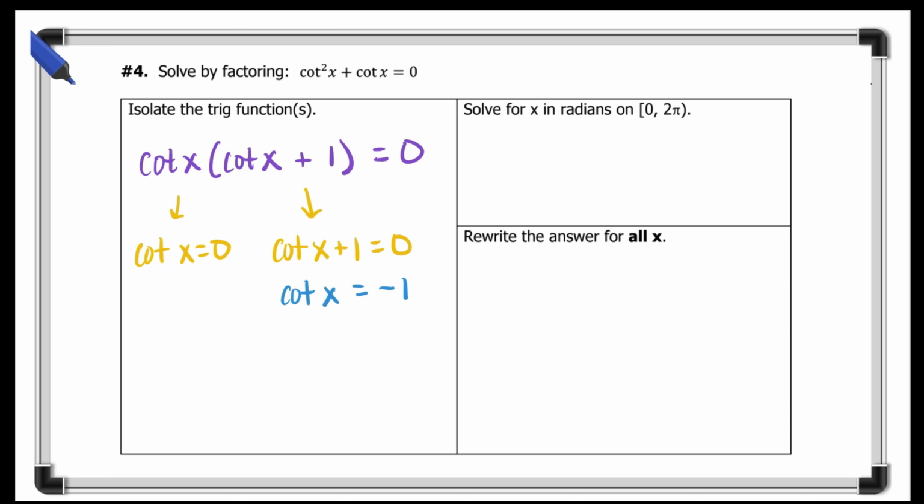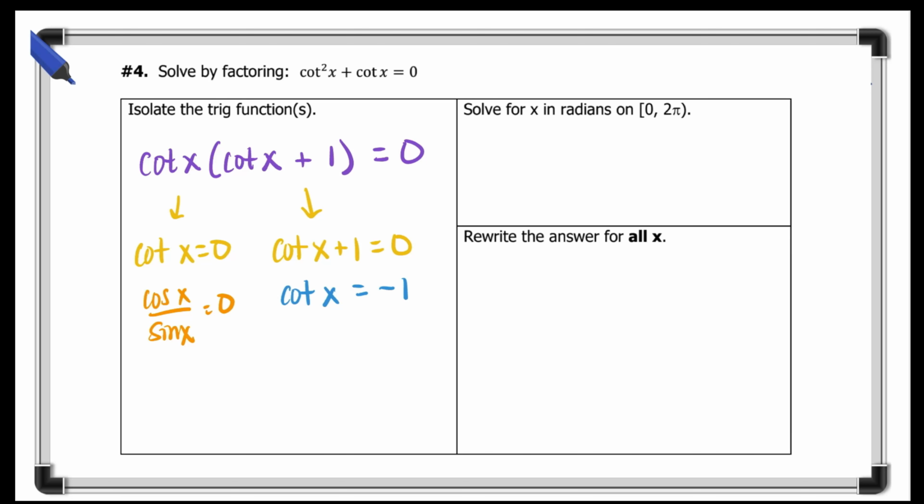In order to solve, you're going to think about where cotangent of x would be equal to 0. Cotangent is the same thing as cosine of x over sine of x.